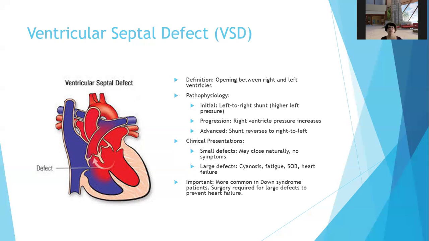If you have a large defect, it could cause cyanosis, fatigue, shortness of breath, and heart failure. This is more common in Down syndrome patients. Surgery is required for large defects to prevent heart failure. Since they've developed good early surgeries, people who are born with septal defects are living longer and not having the side effects, which is great. It's great that they can do those surgeries now.